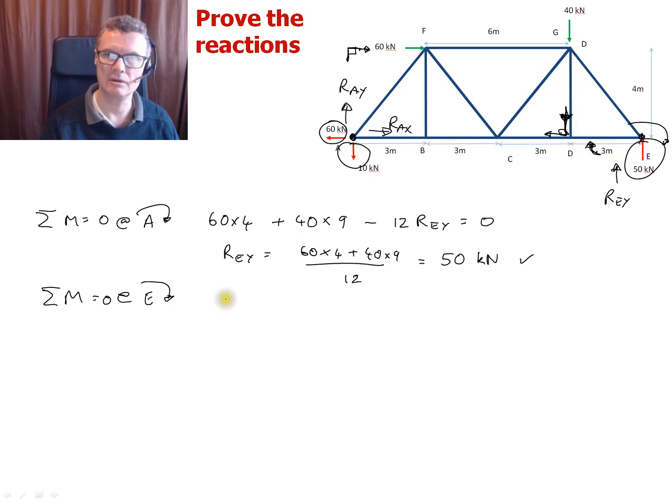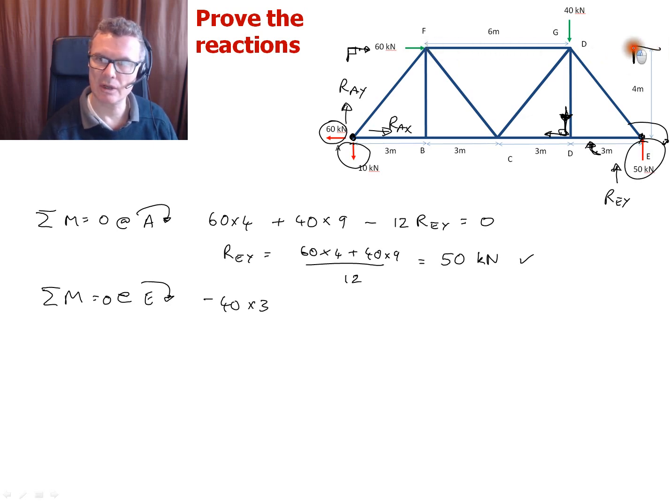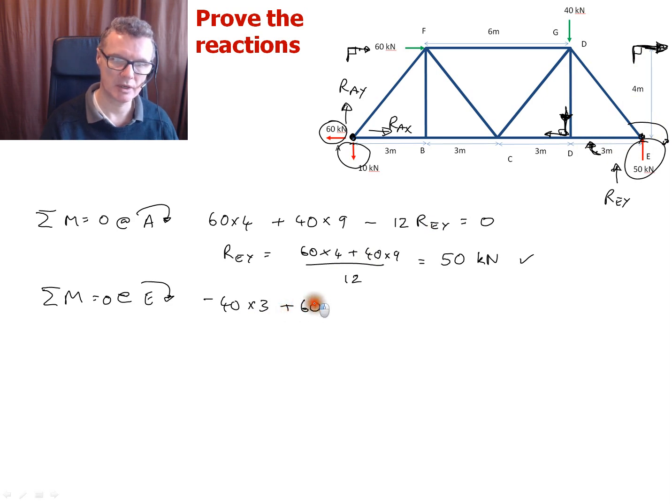So it's a negative moment, minus 40. Distance away from here to here is going to be 3. This one here, we're going to fly all the way over. So it's vertically above. It's at this point here, so the force is doing this. And again, it's 4 meters away. It's going clockwise, so it's plus 60 times 4.